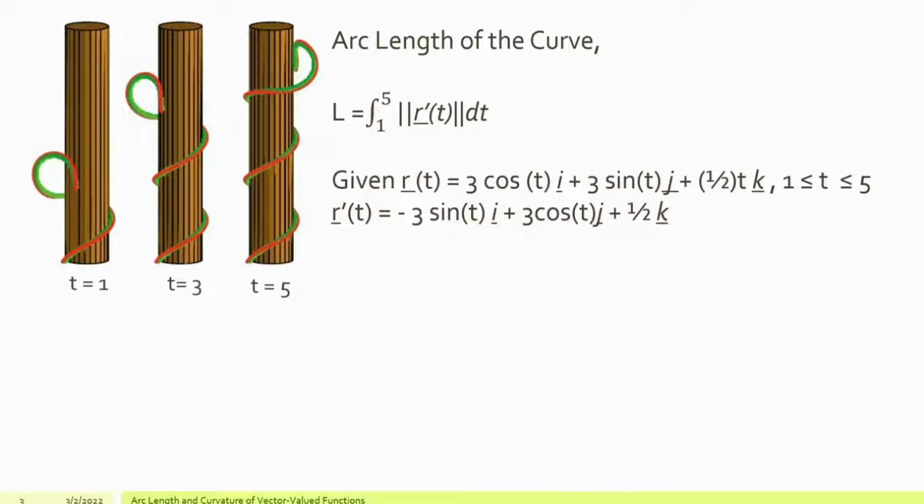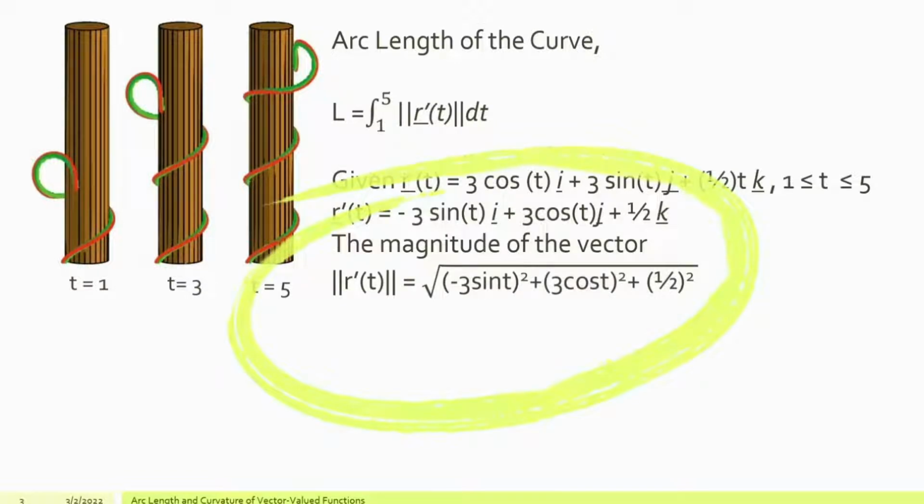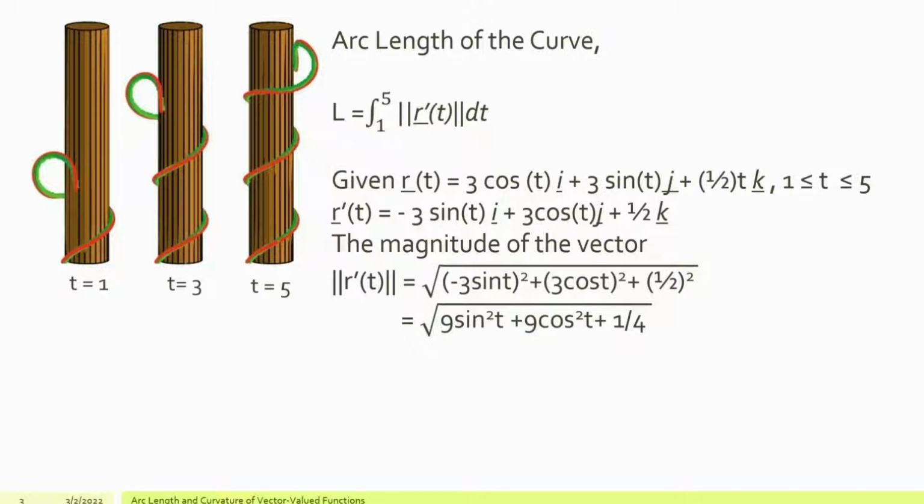The magnitude of r prime t equals the square root of (negative 3 sine t) to the power of 2 plus (3 cosine t) to the power of 2 plus (1 over 2) to the power of 2. The expression therefore equals 9 sine square t plus 9 cosine square t plus 1 over 4.